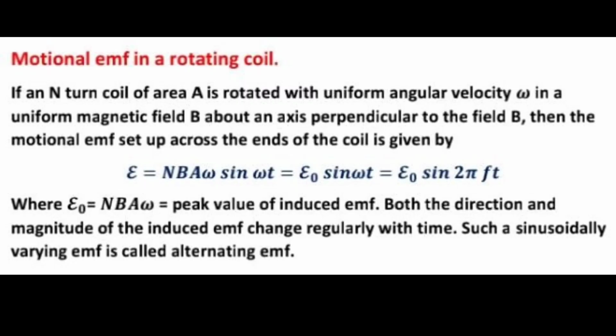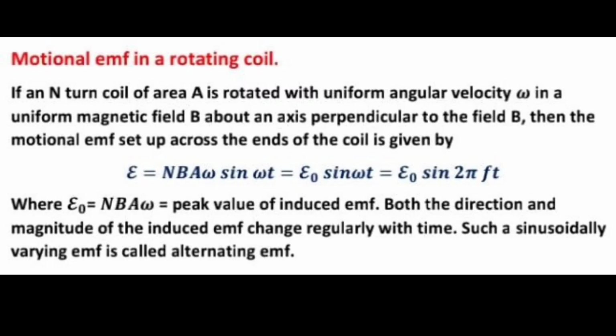Now the motional EMF in the case of a rotating coil. For the rotating coil, let us assume certain things: capital N is the number of turns, capital A is the area of the coil, and let this coil be rotated with uniform angular velocity omega in a uniform magnetic field, and this magnetic field is perpendicular to the axis of the coil.